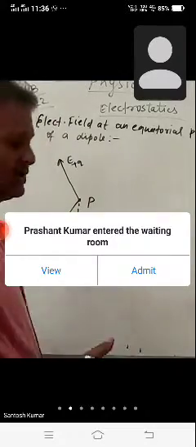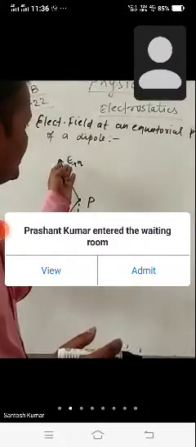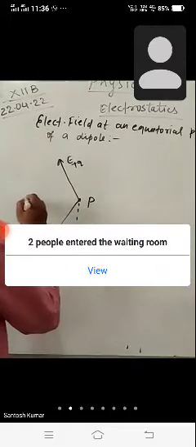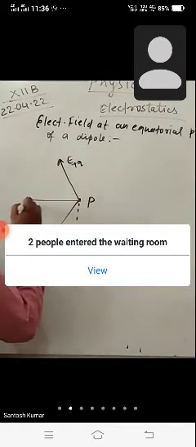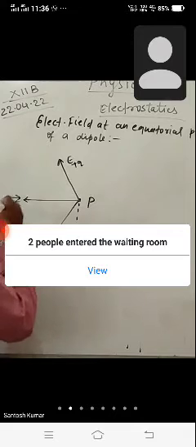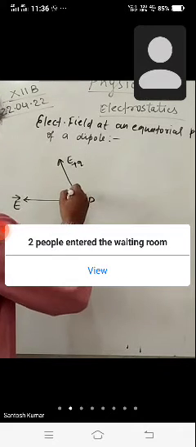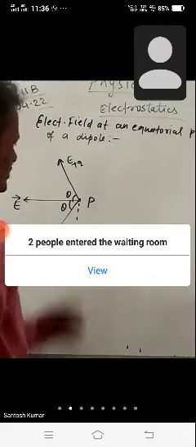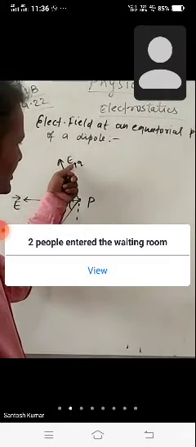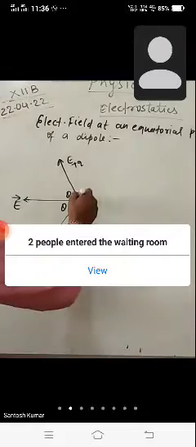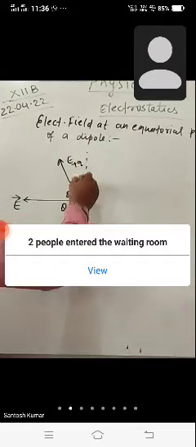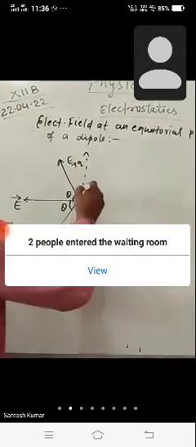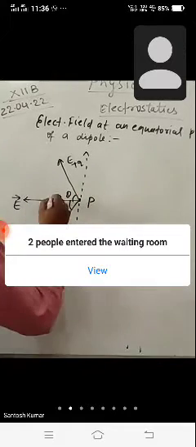Now we are just showing the components of these fields, in which this was the direction of electric field, and this is angle theta. This is also theta. So the components of this E plus Q, just see. This is the vertical component and this is the horizontal component.